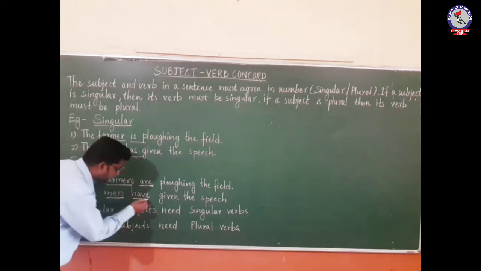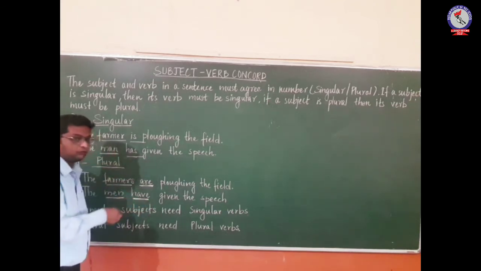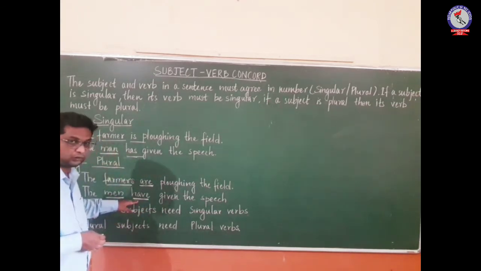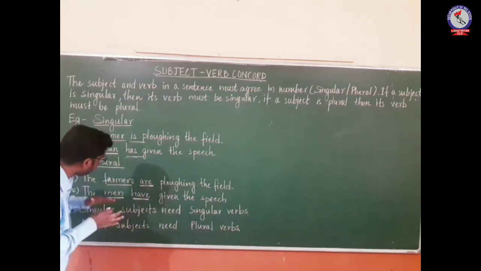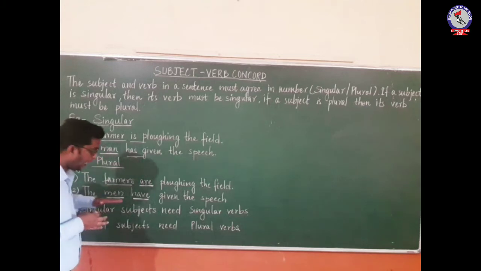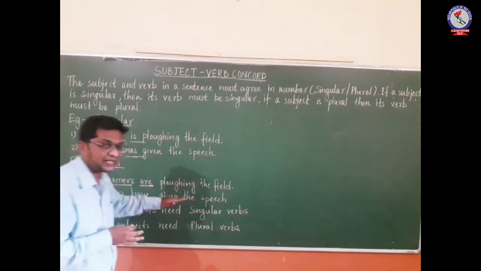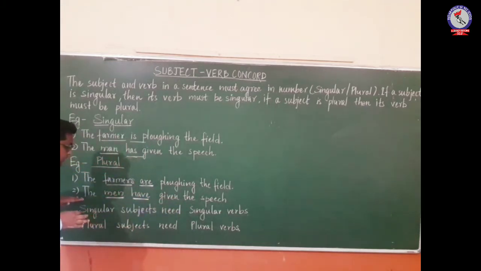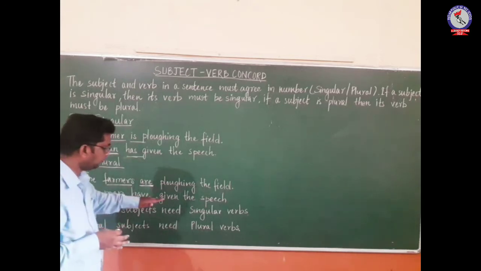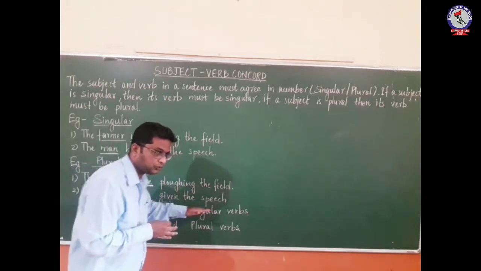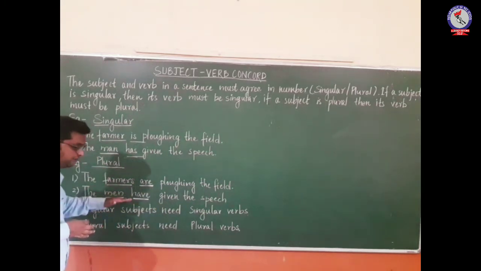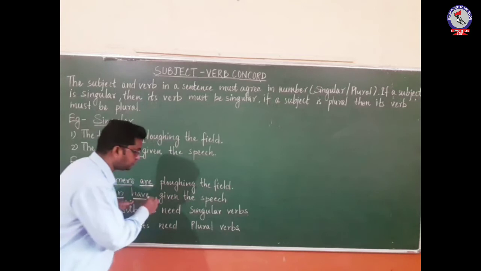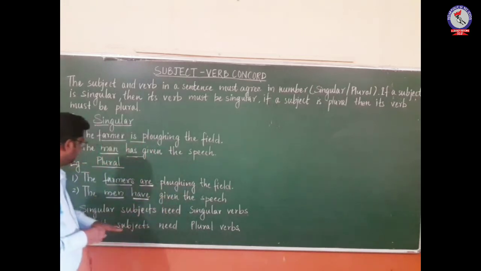So the verb in the sentence will also be plural. So you see here the agreement of subject and verb in a sentence. Therefore, the men have given the speech. The subject is plural number, so we have used plural verbs in this sentence.